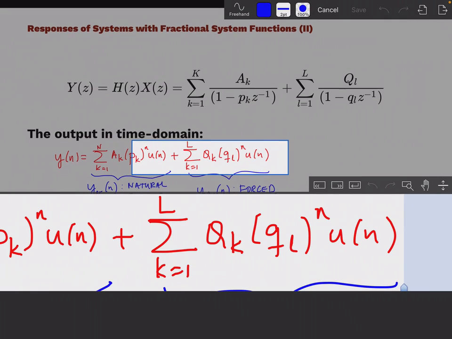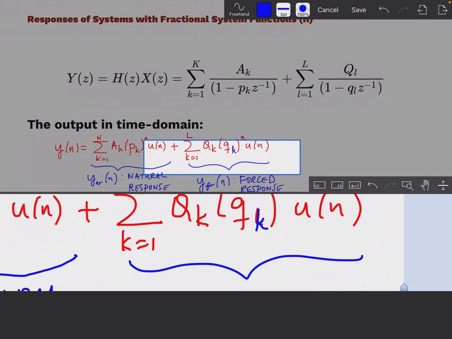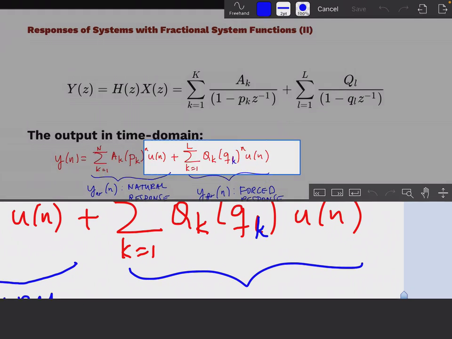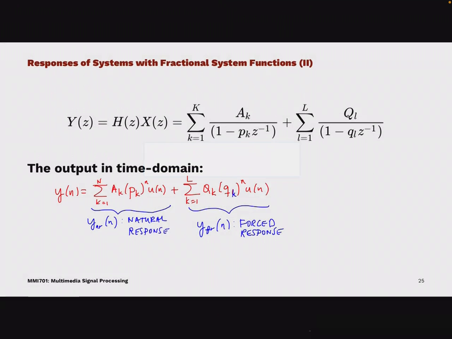Whereas the second part, the set of poles q_k, this set of exponential signals, a combination of exponentials, comes from the input signal itself, which means it can be different for a different type of signal. So that is why we call it a forced response. We're forcing the system to provide this response in a way.